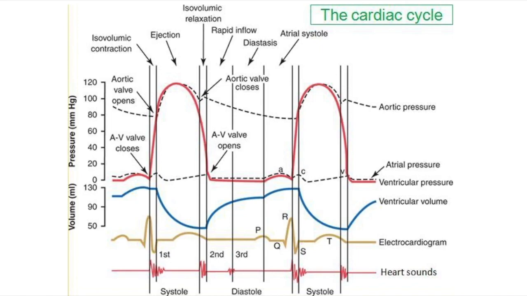The amount of blood that the heart pumps out on each cycle is precisely matched to the metabolic needs. At rest, the needs of the various tissues are modest, and the cardiac output approximates 5 to 6 liters per minute in an average person.